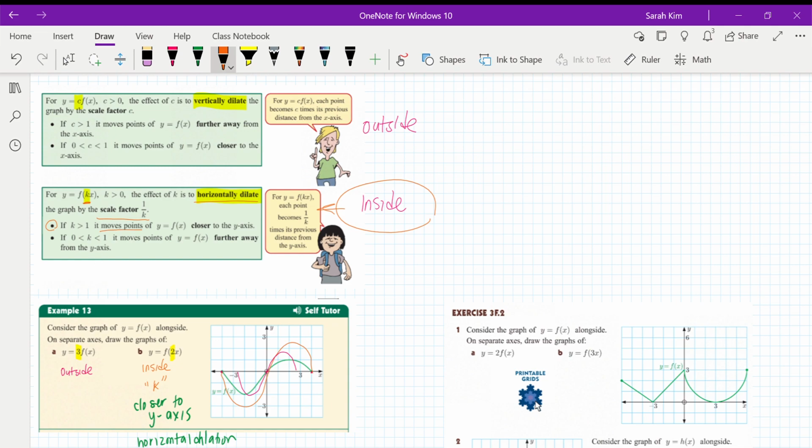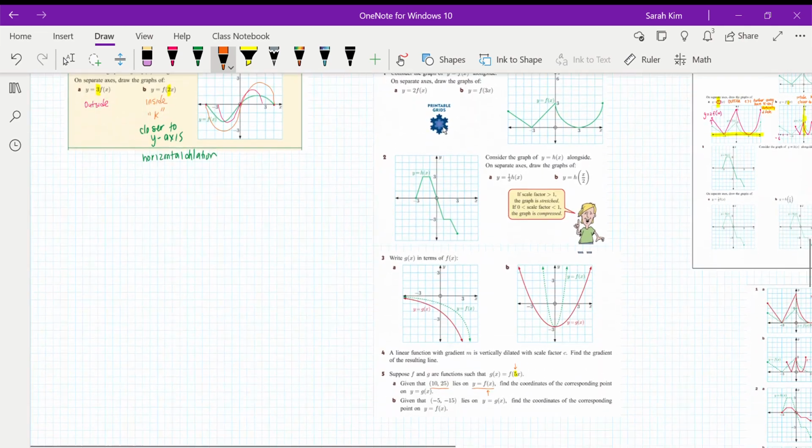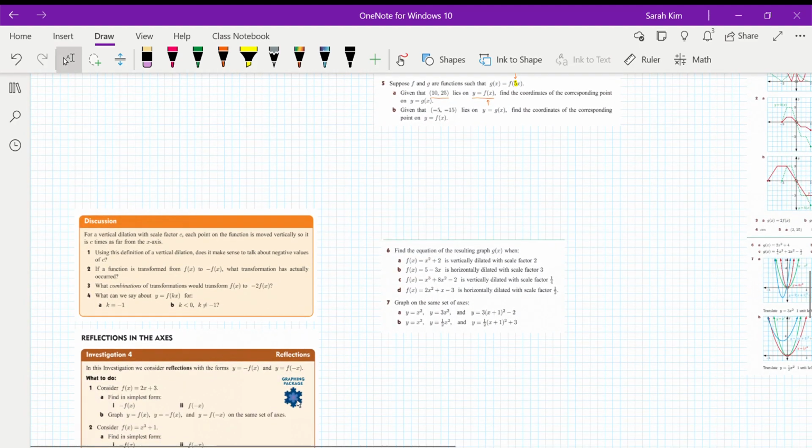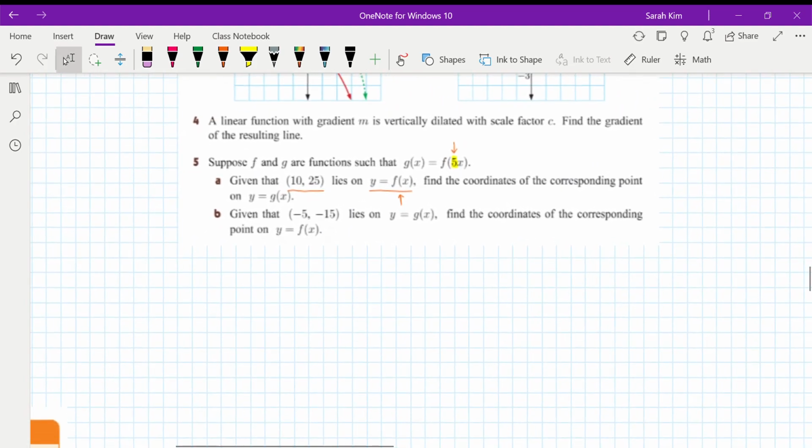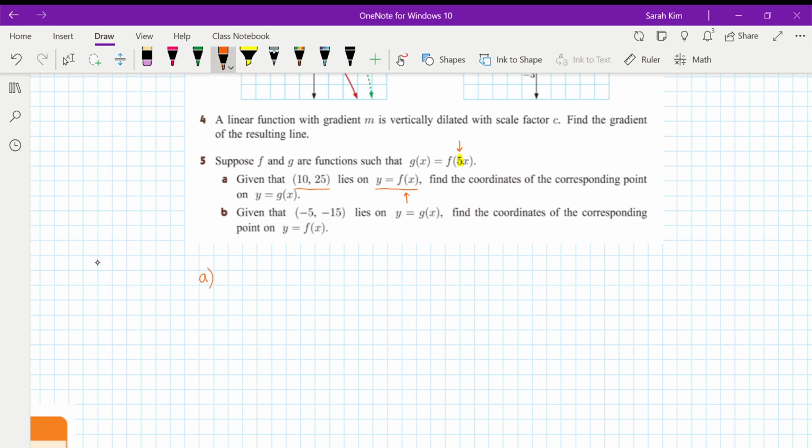So it moves closer to the y-axis. These are the things I'm going to write down first. Let's see if I can remember it. Hopefully you have your notes right in front of you so you can just copy it down. So what was it? f of 5x, so k was 5. My scale factor is the inverse of that, 1 over 5. So it actually reduces, not increases. I think it was horizontal dilation.